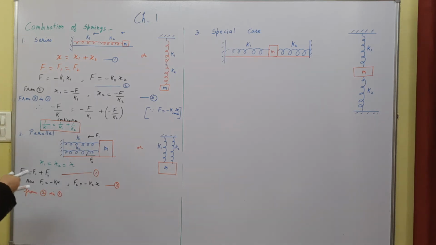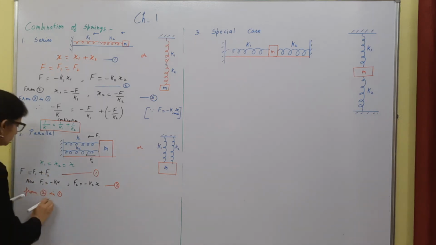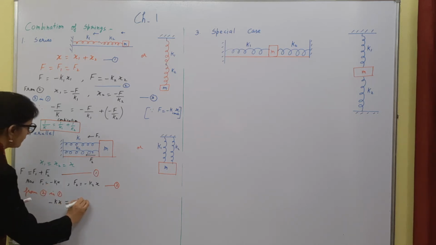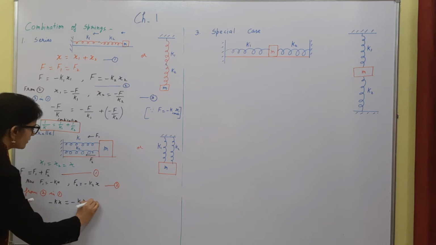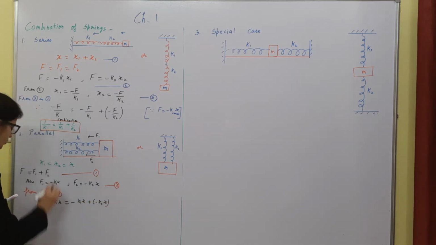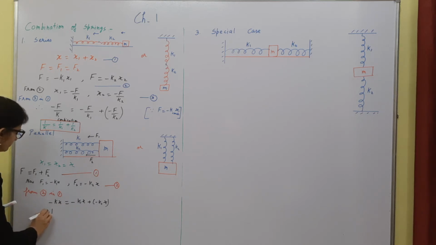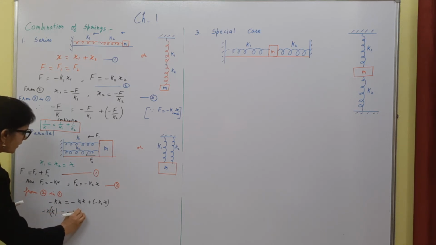We can write F is equal to minus K X. This is written minus K1 X, and this is written minus K2 X. So from here again, like before, we can take minus X common, and here it is K1 plus K2.